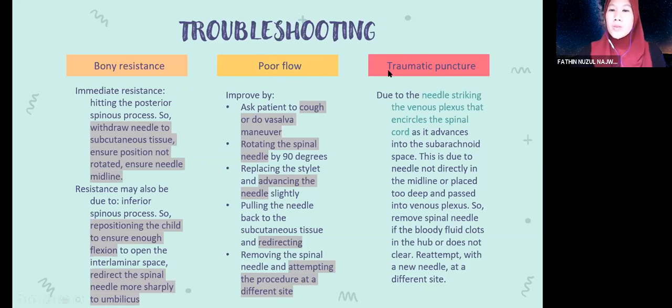And there may also be traumatic puncture in which the CSF becomes bloody due to the needle striking the venous plexus that encircles the spinal cord. Now, when this happens, if there is bloody fluid clot or the blood does not clear, we need to reattempt with a new needle and at a different site.